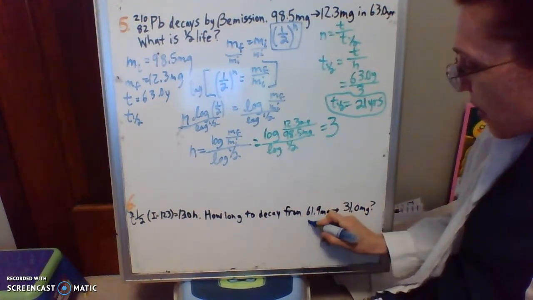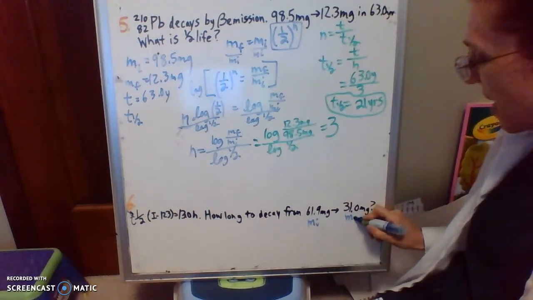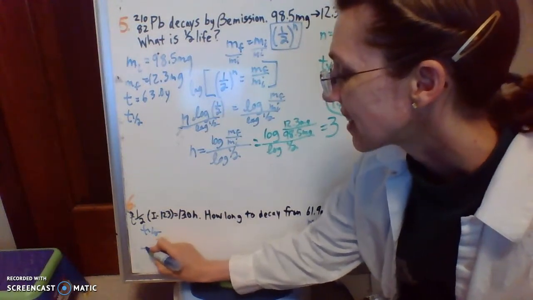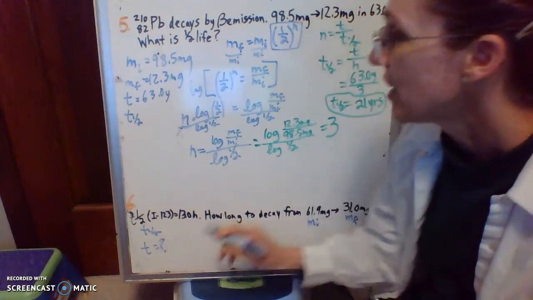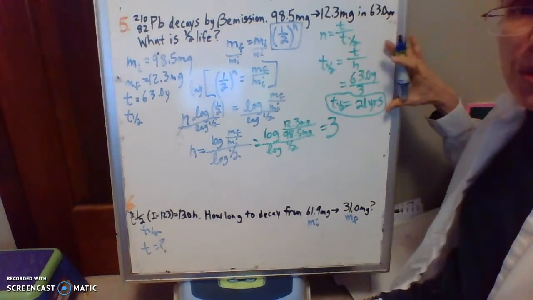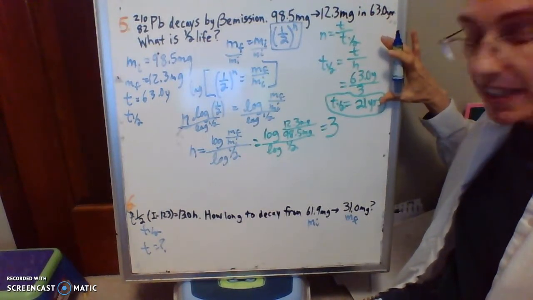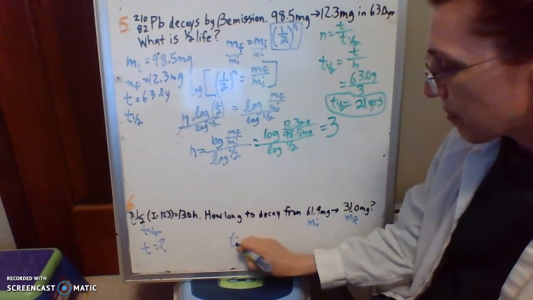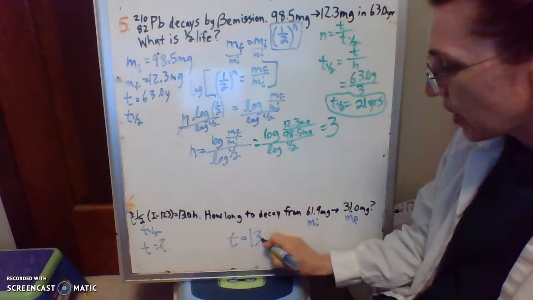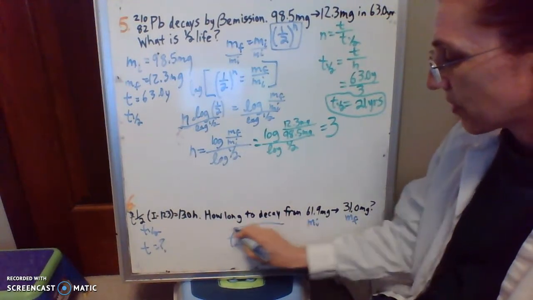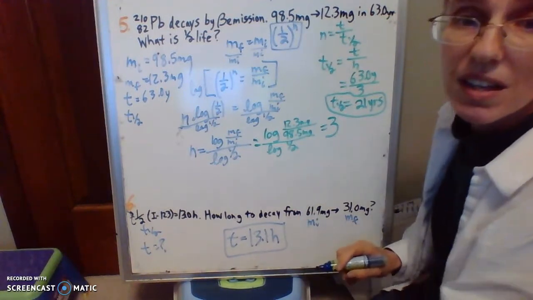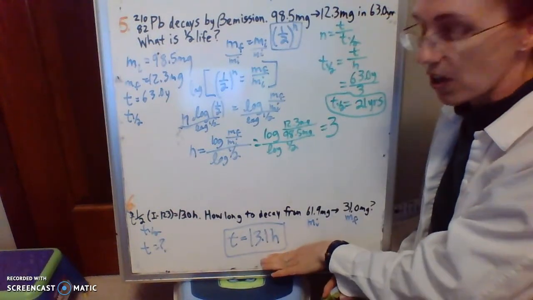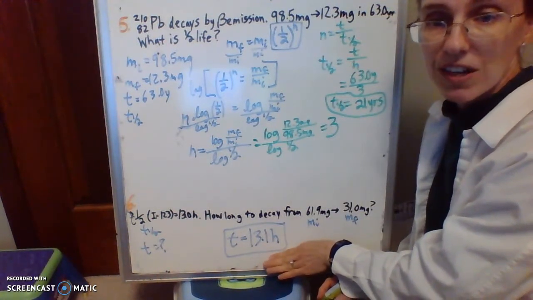So here we've got mass initial, here we've got mass final, and here we have t 1/2, and it's asking us for t. Okay, so you go through this exact same process, but over here for n, you're solving for t. So I want you to try that one on your own. T should come out to be 13.1 hours. Okay. So practice this type of a solution, and this time we're solving for t, and see if you can get that correct answer at the bottom.